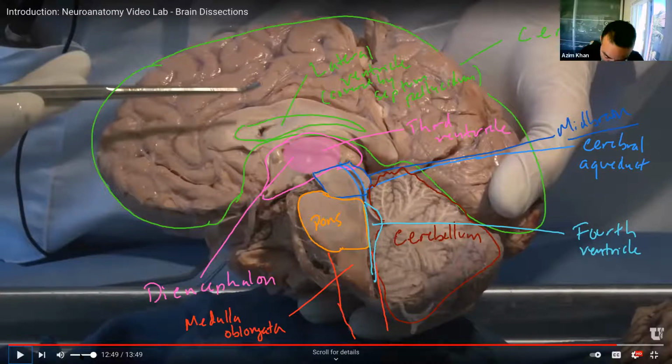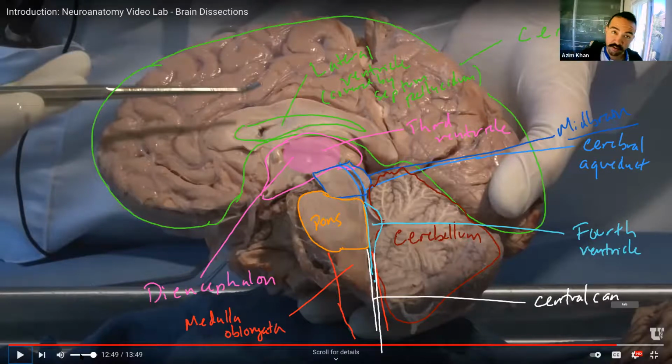The central canal is this narrow passageway that continues down from the medulla oblongata down caudally through the spinal cord. Switching back to the slides.